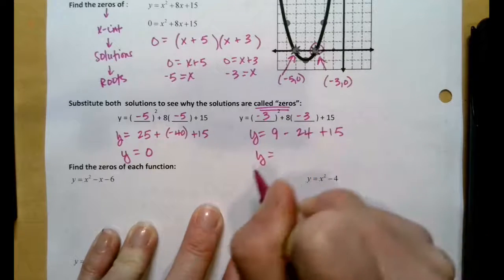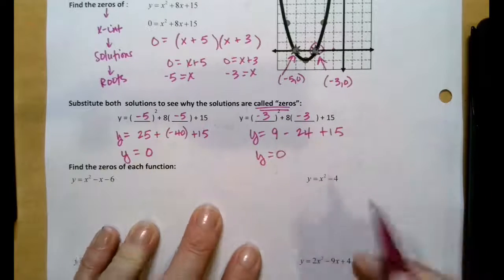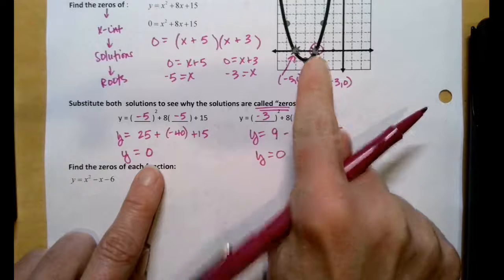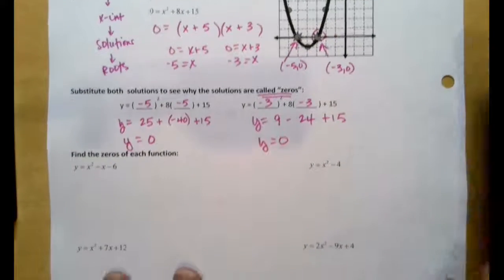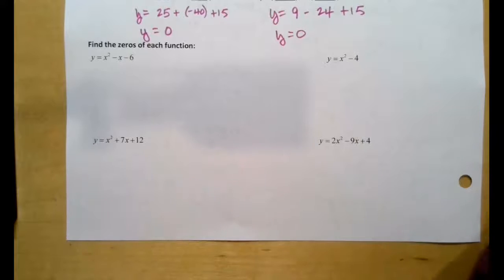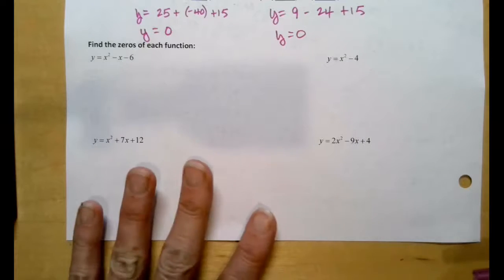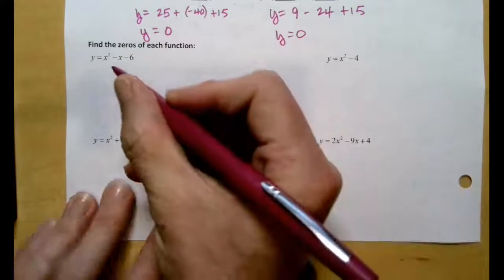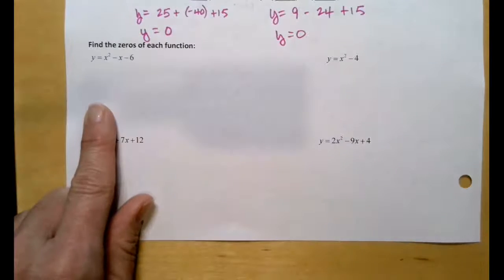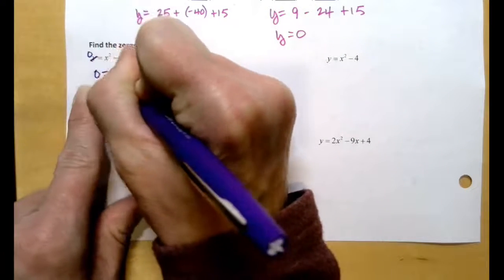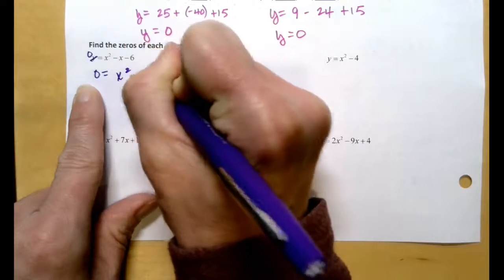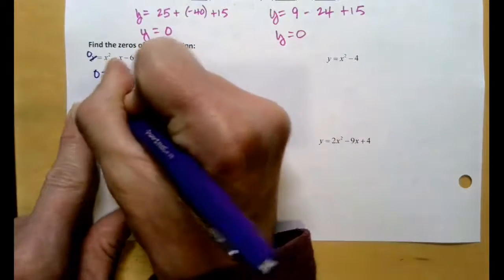Our job is to figure out where this graph crosses the x-axis to find these two solutions. So our number one way of doing that is by factoring. So for each of these, we're going to go ahead and say, all right, I'm looking for the 0. I'm looking for an output of 0.